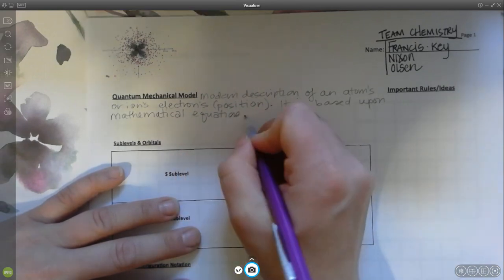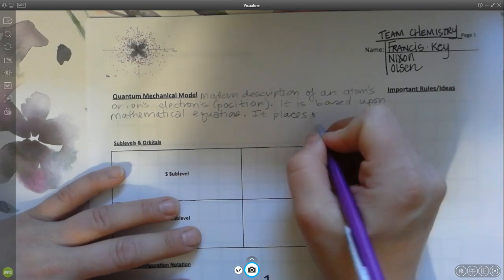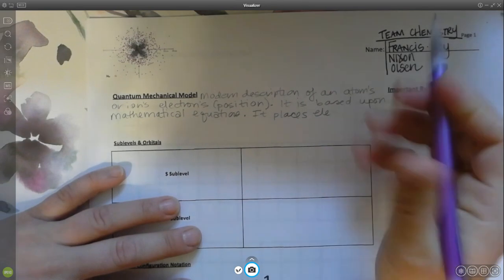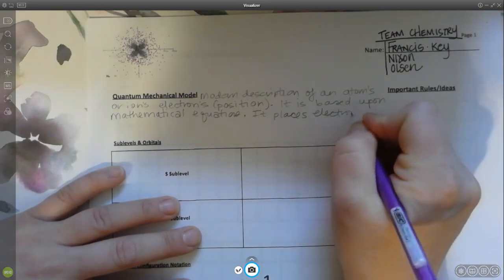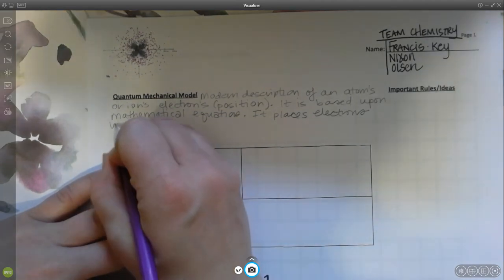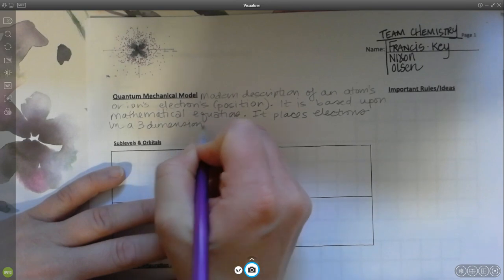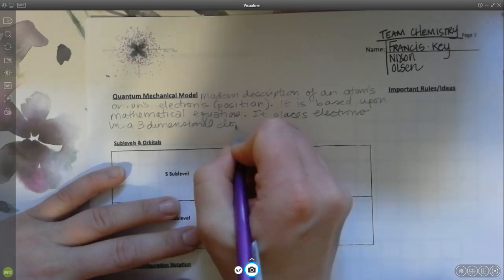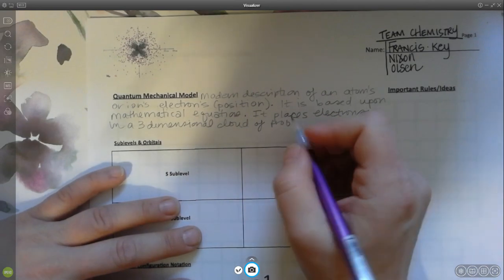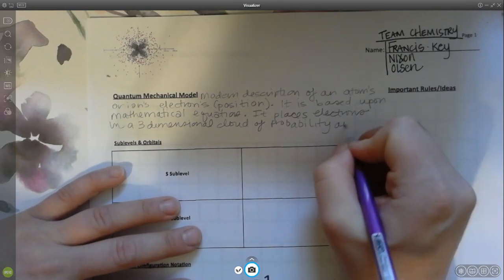What it ends up doing is it places electrons in a three-dimensional cloud of probability. So sometimes you'll hear this as the electron cloud model. And those electrons are all around the nucleus.